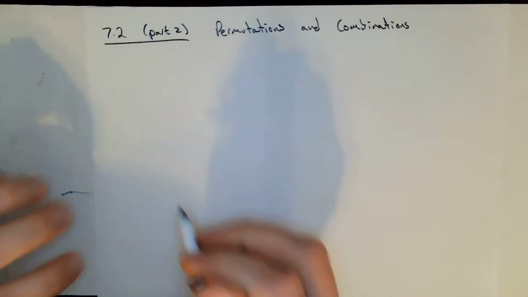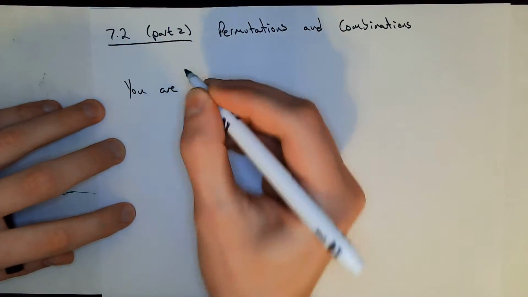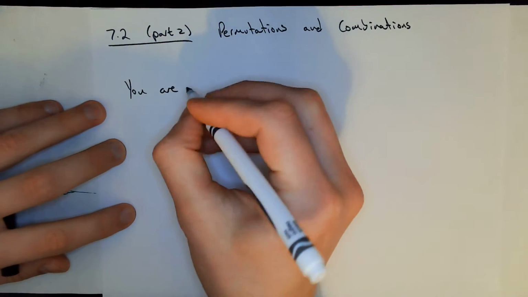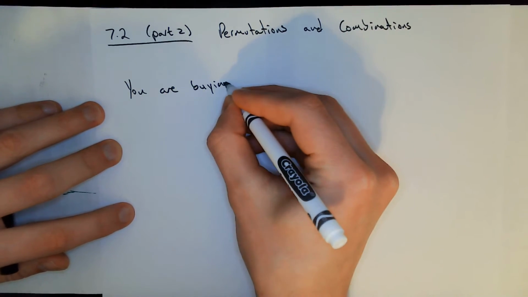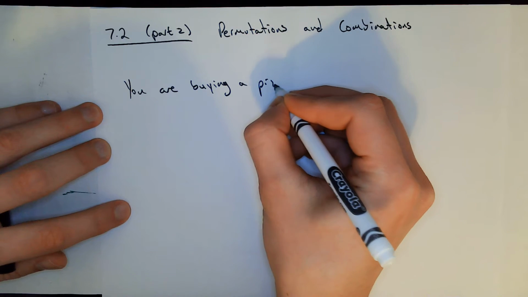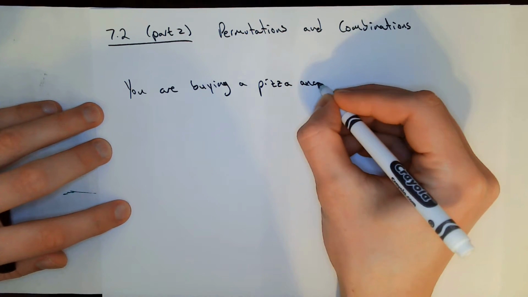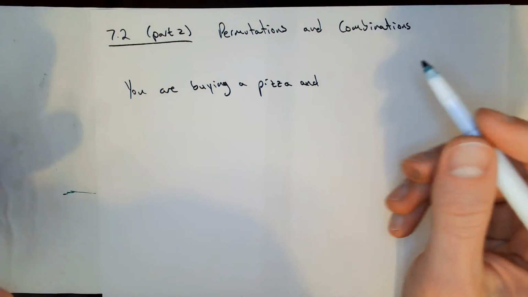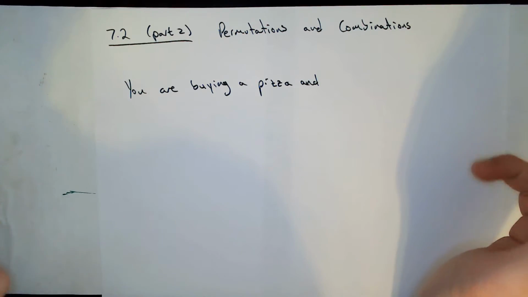So I'm going to make up a couple scenarios here. It'll be similar to examples I've given before, but let's say you are buying a pizza, and let's say you already know what kind of crust you're getting, what kind of sauce and cheese you're getting.